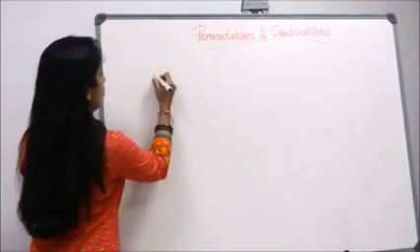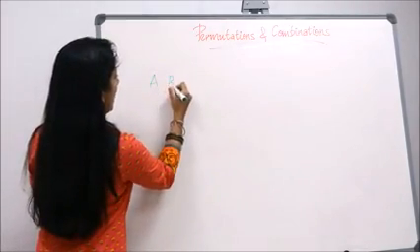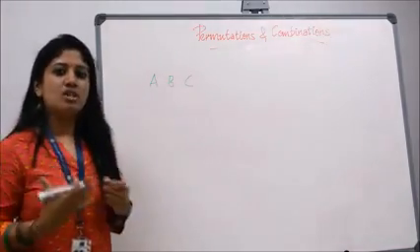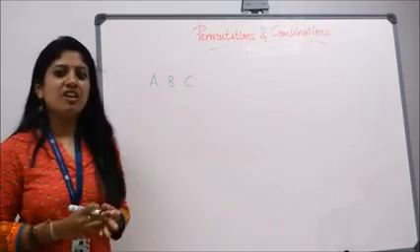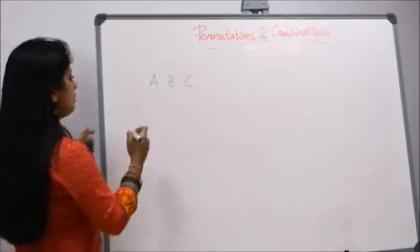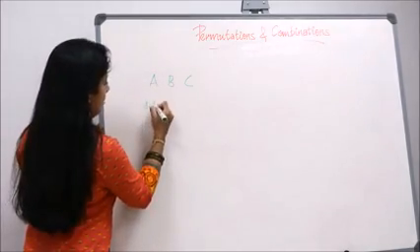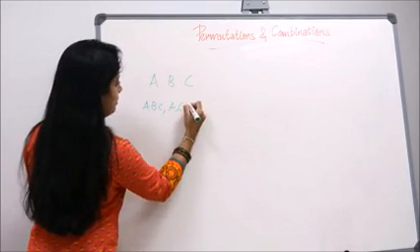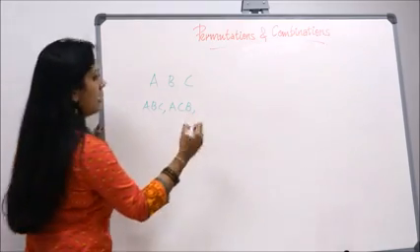Consider we have three objects A, B and C. So we'll see the possible ways by which we can arrange them when we are taking all the three objects at a time. The possible ways of arrangements are ABC is one possible way of arranging it. ACB is another possible way.